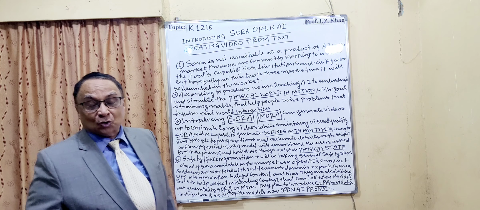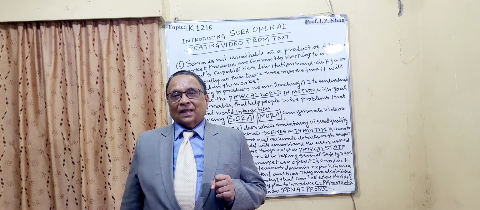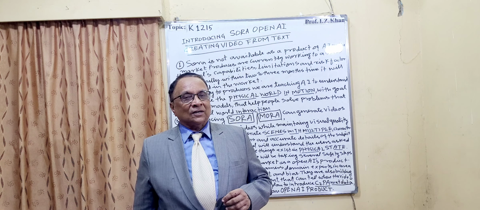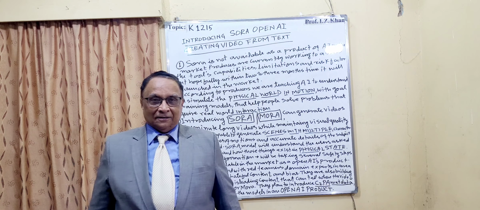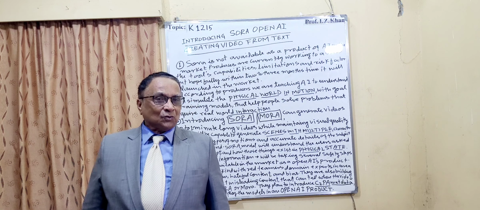Actually, this will be so effective that, for example, in 1925, the Nobel laureate Albert Einstein gave the equation E is equal to mc square.